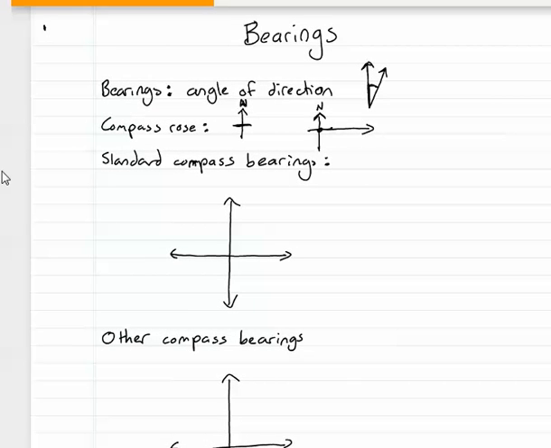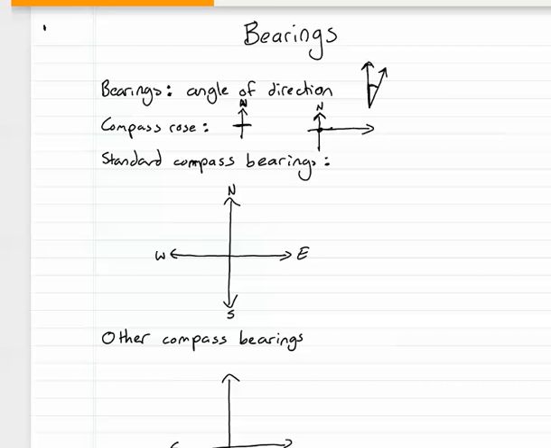So, types of compass bearings. You can have the 16 standard compass bearings. We have the cardinal points, north, east, south, west, and of course there's 90 degrees between each of those and 180 degrees between the opposite ones.